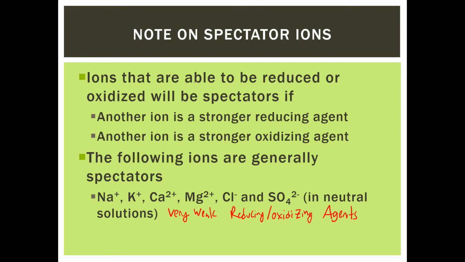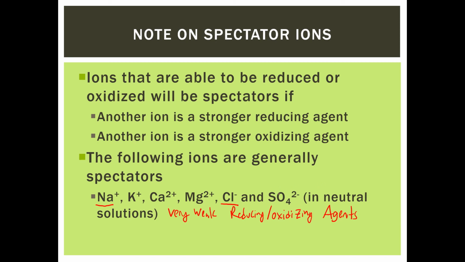So if you remember the electrochemical cell we built earlier, we used a sodium chloride solution, with sodium ions and chloride ions. Because they're such weak, let's see, this is a weak oxidizing agent, this is a weak reducing agent, they won't actually perform an oxidation or reduction reaction in our electrochemical cell until the other ions get used up.